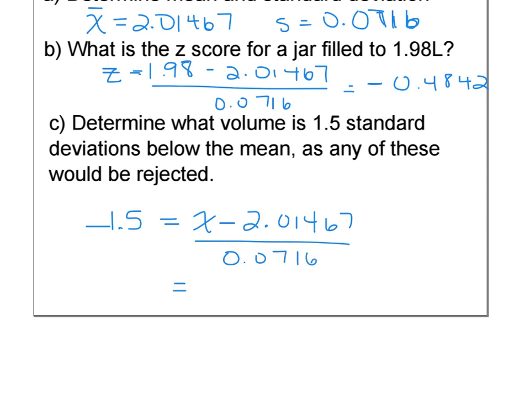So we would rearrange and solve for x, and we would get x equals 1.91. So that means that a jar filled to 1.91 liters is actually 1.5 standard deviations below the mean. And this is something that might be used for quality control. Okay, so that's standard deviation and z-scores.